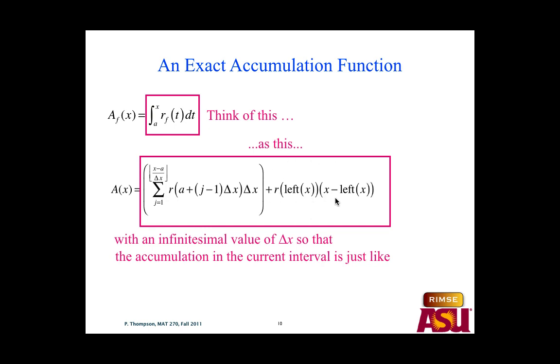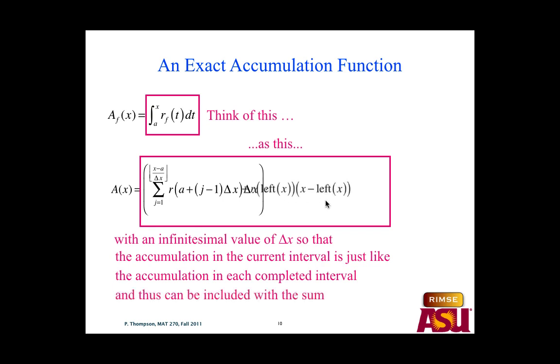If I've gone up through any point in time, I can think of being done with however many infinitesimally small intervals. So the accumulation in each completed interval and the accumulation in the current interval, they both happen for the same amount of time, essentially, that dx and delta x essentially become the same. So let's just put that in there. Say, all right, we don't need this one extra term because they're all essentially the same length.